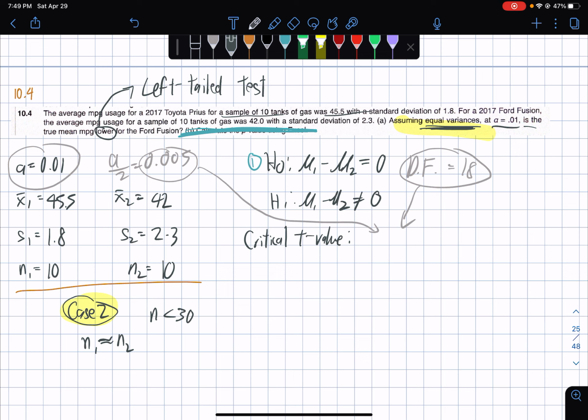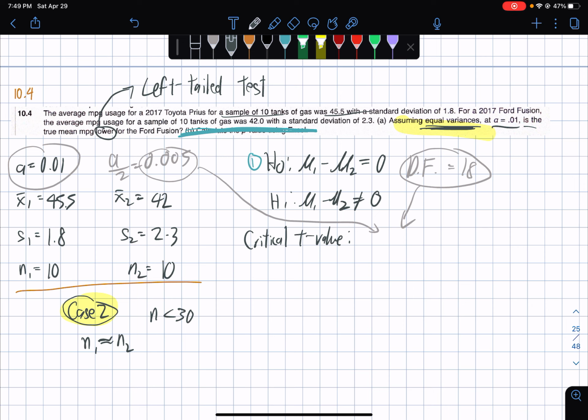With the degrees of freedom of 18, please kindly refer to your T-table. I hope you have a copy of it with you right now, digital or physical, any could do, as long as it has the complete values. So 0.005, and the degrees of freedom is 18.